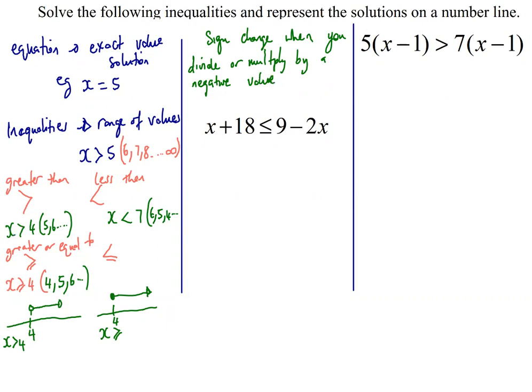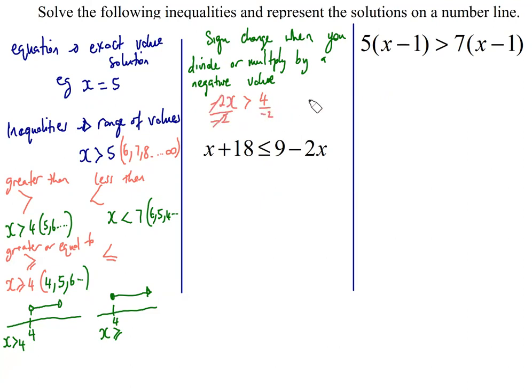What do I mean by this? Let's say you are given negative 2x greater than 4. What you need to do here to get rid of the negative 2 is divide by negative 2.